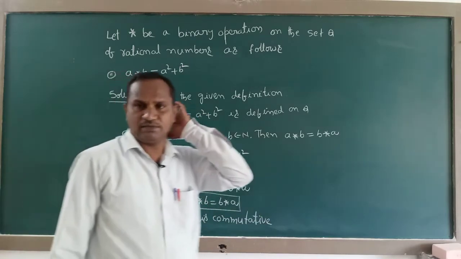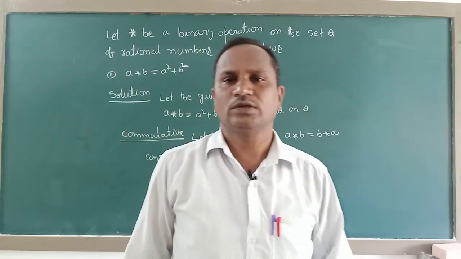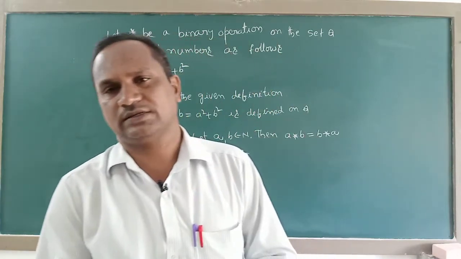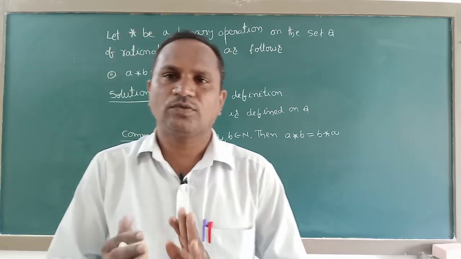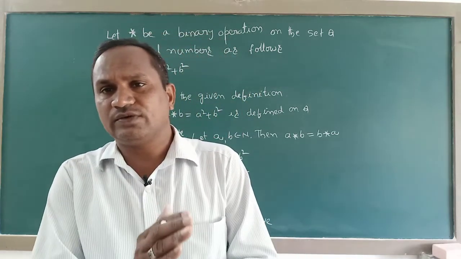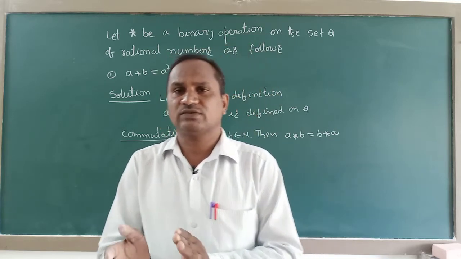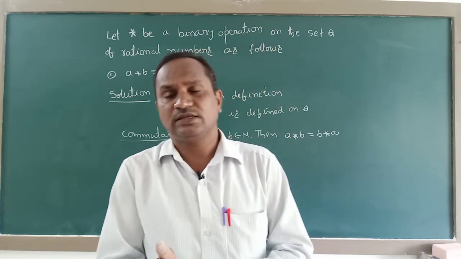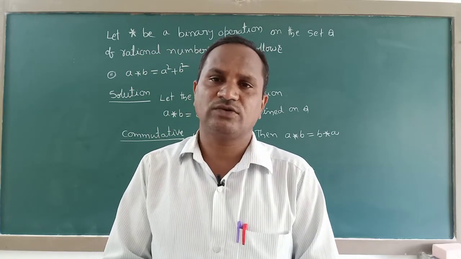By showing an example also, we can prove this commutativity. 2 square plus 3 square: 2 square means 4, 3 square means 9, and 4 plus 9 is 13. If you take it reversely, 3 square plus 2 square, that is 9 plus 4, is also 13.